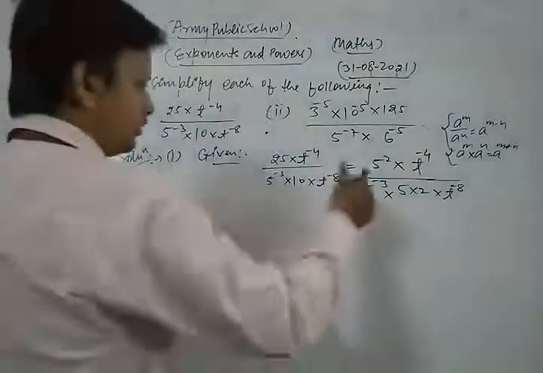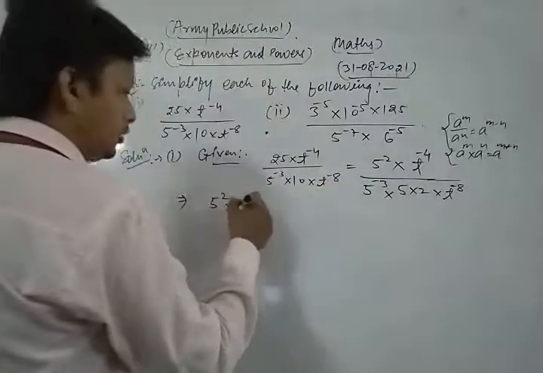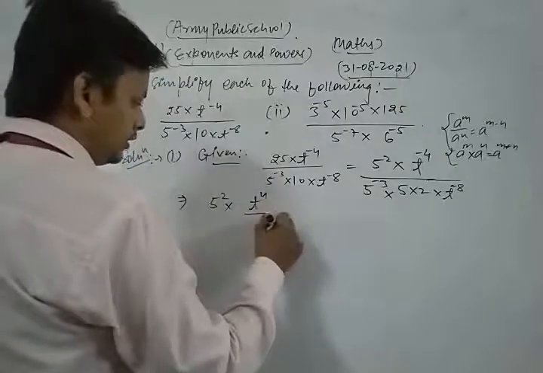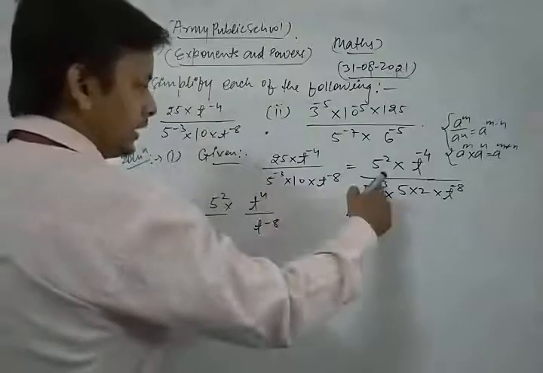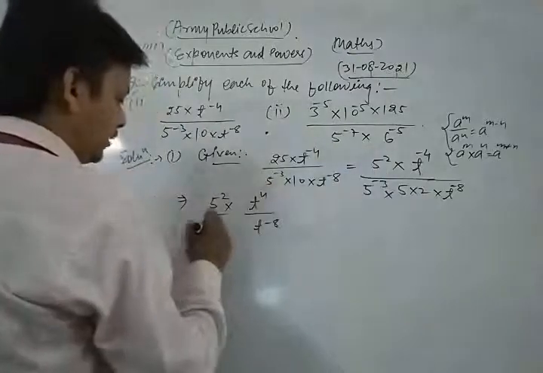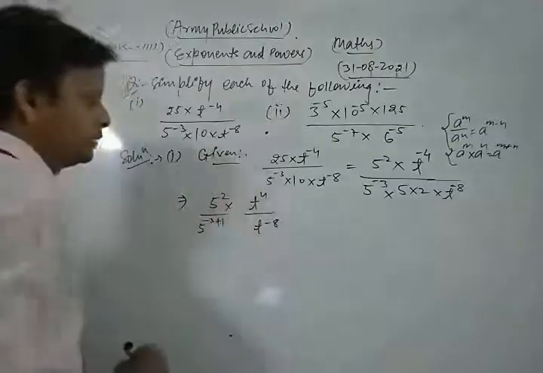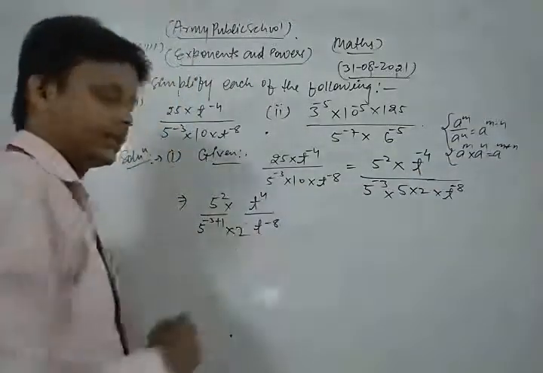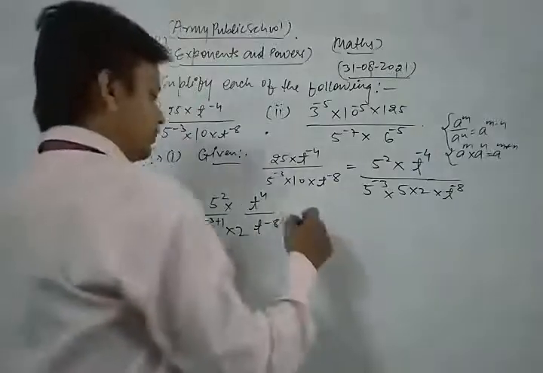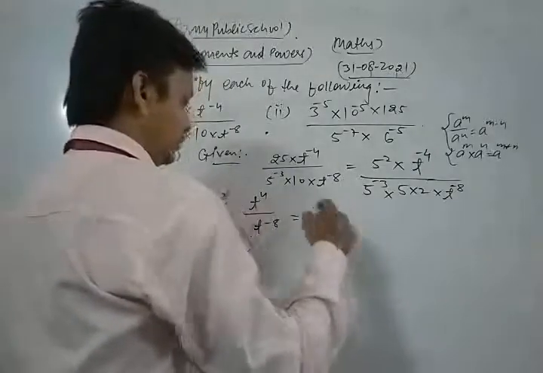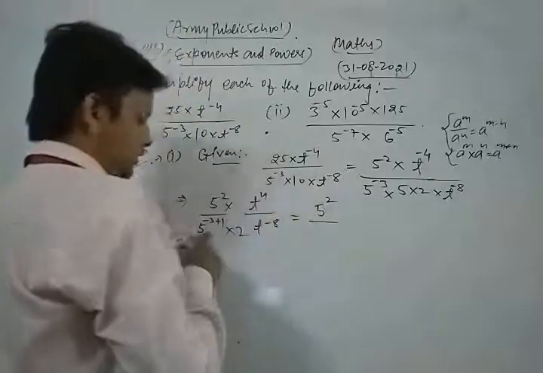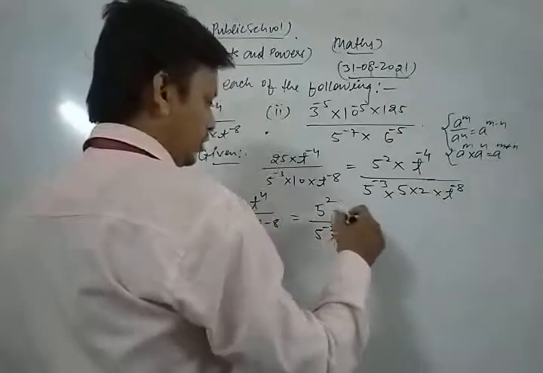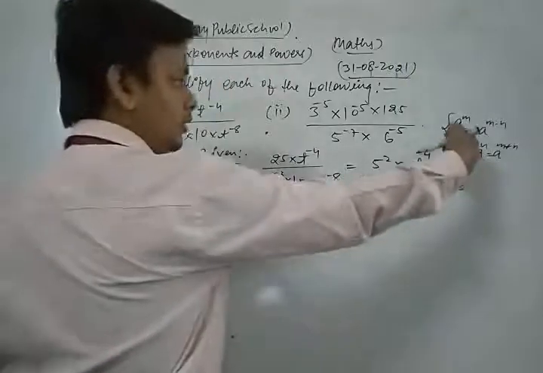So here, look, 5 to the power 2 write as it is, into t to the power minus 4 upon t to the power minus 8 take together, and here we take minus 3 plus 1, according to that concept, and 2 write as it is. Now look, 5 to the power 2 upon 5 to the power minus 2, into 2, into, now here we apply that law of exponents.